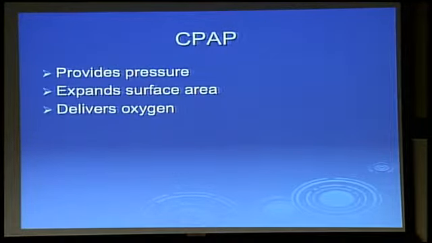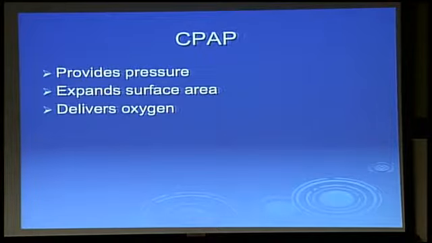So why is CPAP so helpful? The reason CPAP is helpful is that it helps with all of the problems except the airway. If you're having a problem generating enough negative pressure, CPAP provides that pressure. If you have a problem where you're losing surface area because you've got fluid in the lungs from CHF or from pneumonia, the effect of that pressure is to open up those airways.